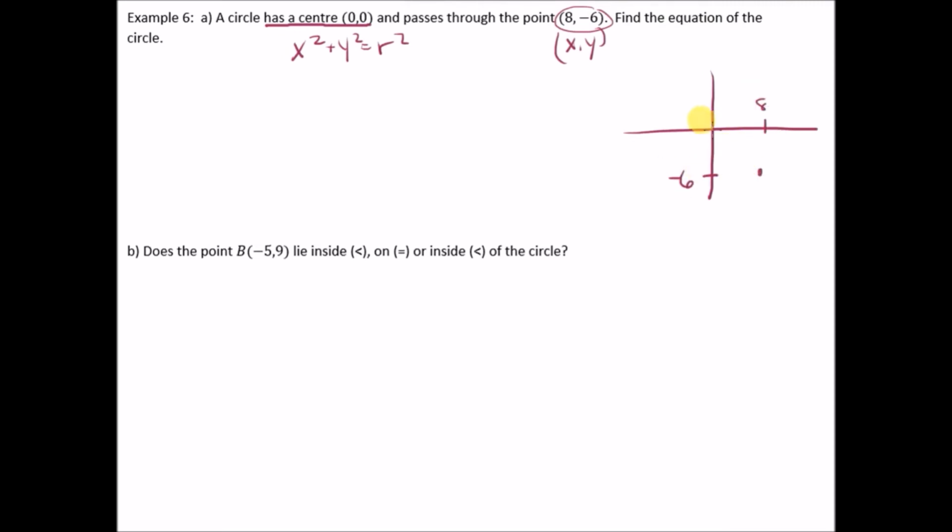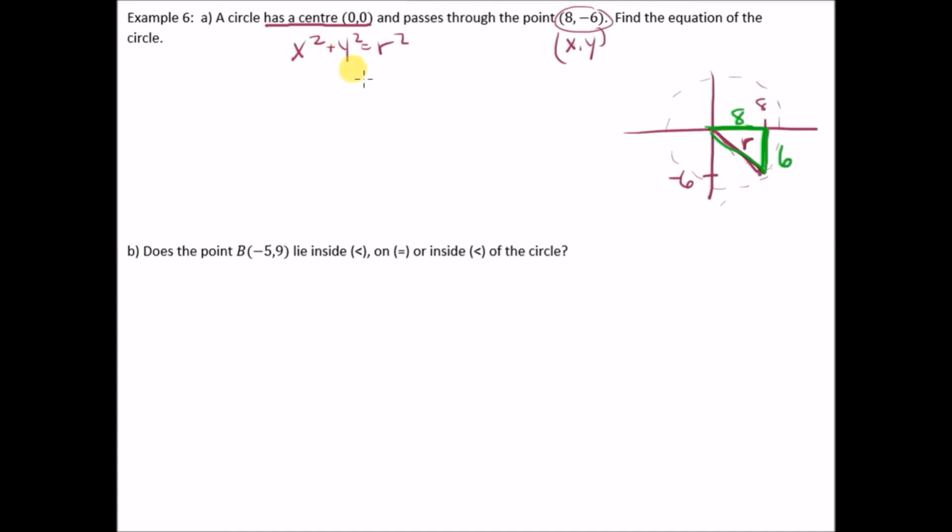So the circle would be like this, right? With this right here being the radius. All we need to do is pretty much Pythagorean's theorem with this 8 and 6. Because if we were to draw this triangle, this here would be 6 units, and this here would be our 8 units.